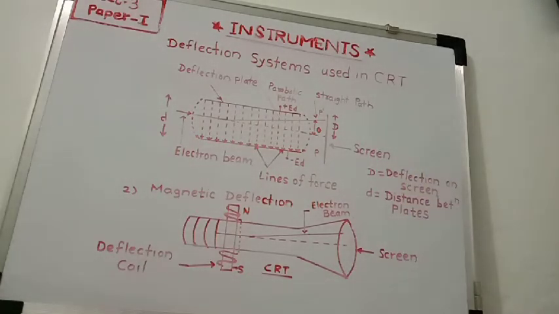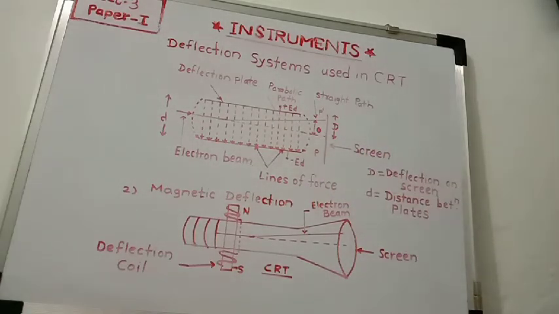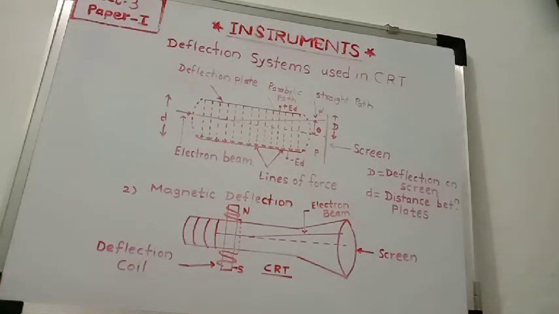Horizontal deflection plates are used to move the electron beam in the horizontal direction. Generally, the input signal which is to be displayed on the screen is applied to the vertical deflection plates, and sawtooth voltages are applied to the horizontal deflection plates.